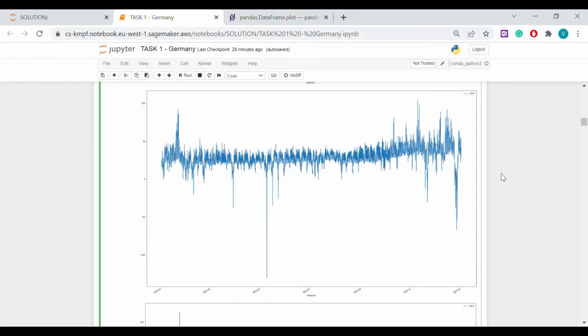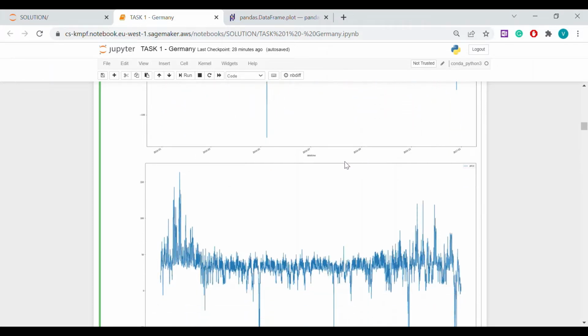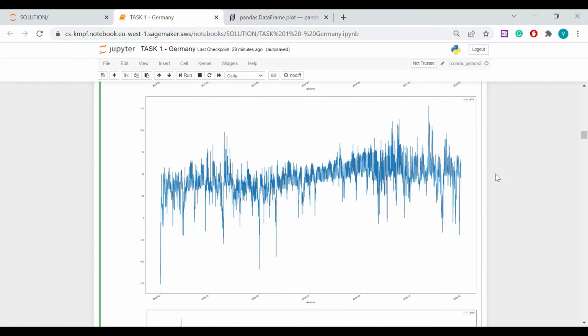So the first thing we can notice is that we have seasonality of the prices throughout the year, and this seasonality is weekly seasonality.